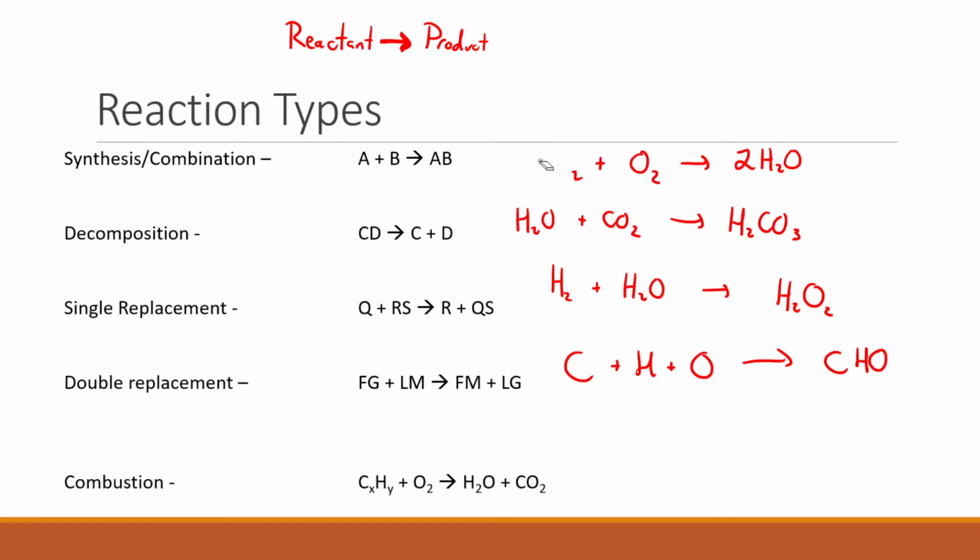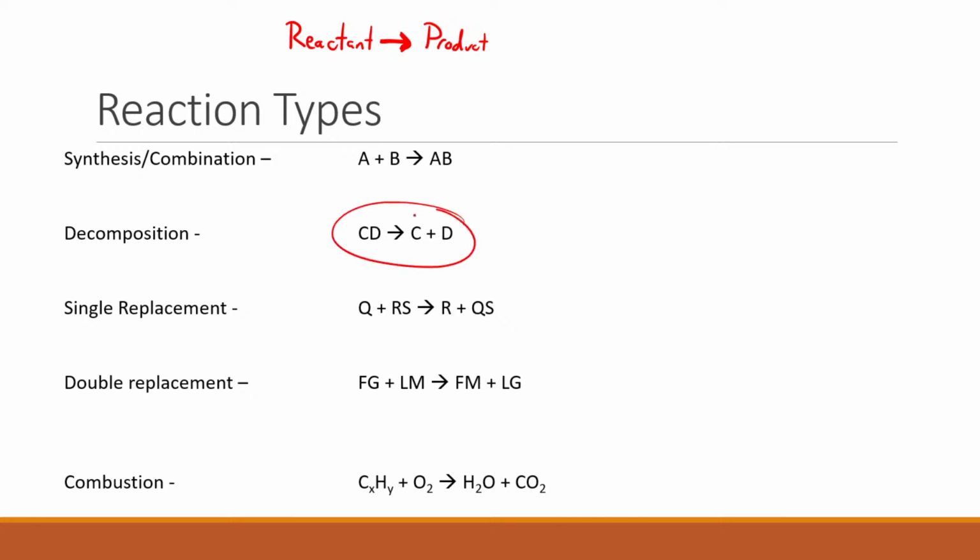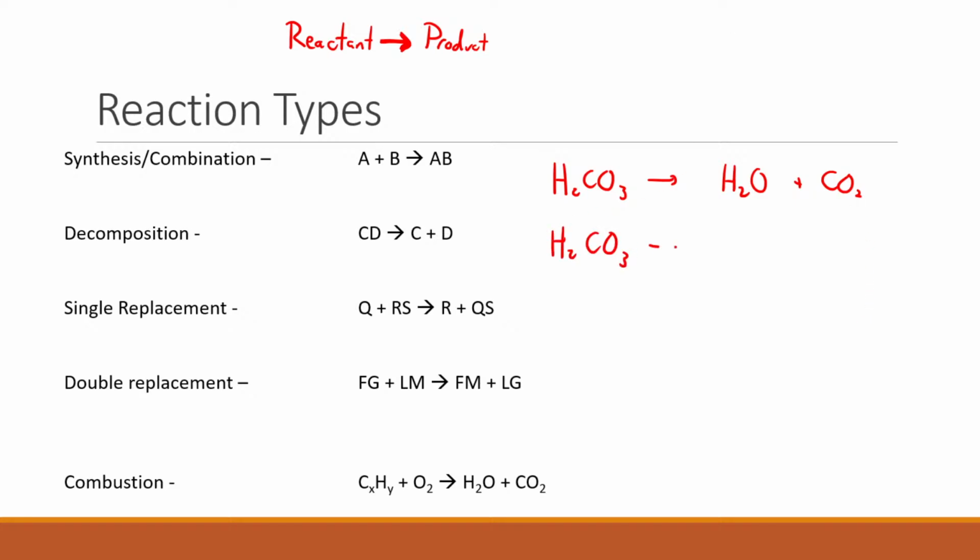Decomposition is the exact opposite of synthesis. It's one reactant breaking down into multiple products. And again, there's really no limit to a decomposition reaction. It's not going to look just like this every time. You can have a compound breaking up into two other compounds. You can have a compound breaking down into the elements and another compound, right?